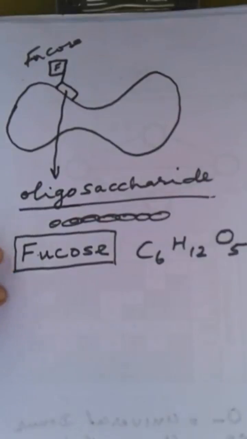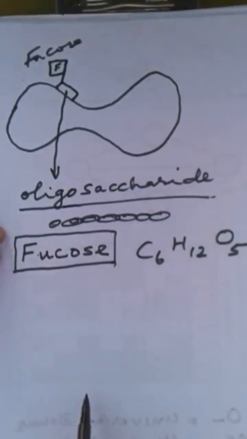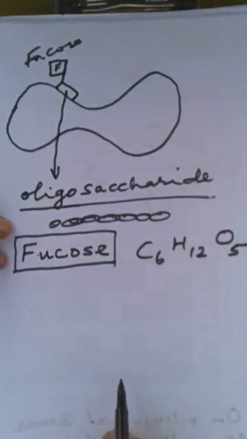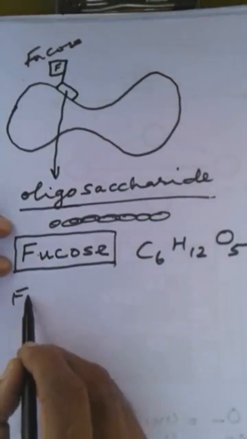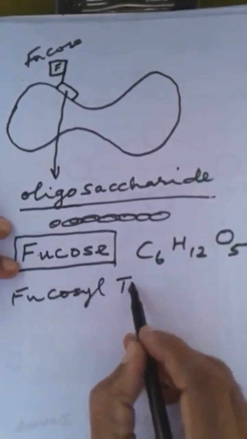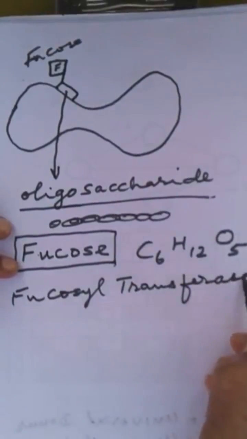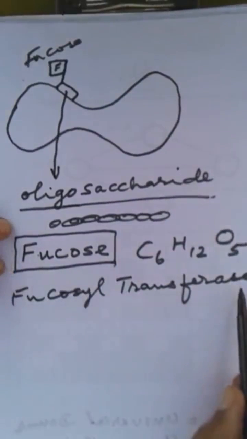The name of this fucose helper, the enzyme which helps fucose come and attach to the oligosaccharide, is fucosyl transferase. That is the name of the enzyme.